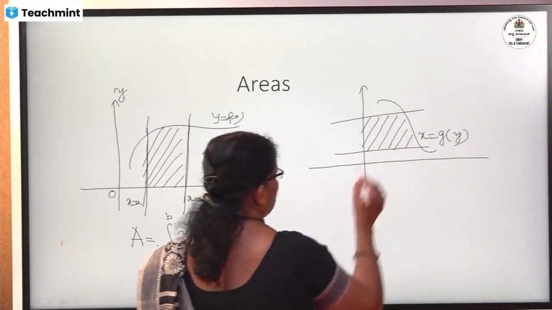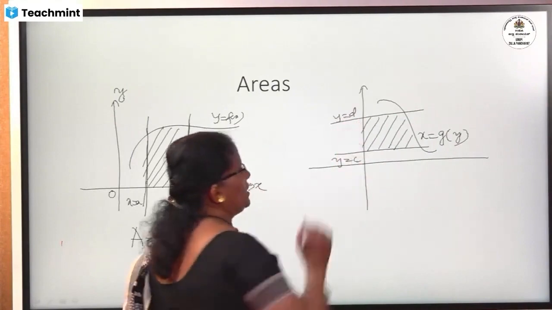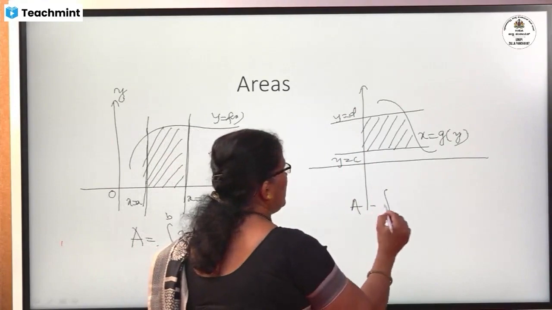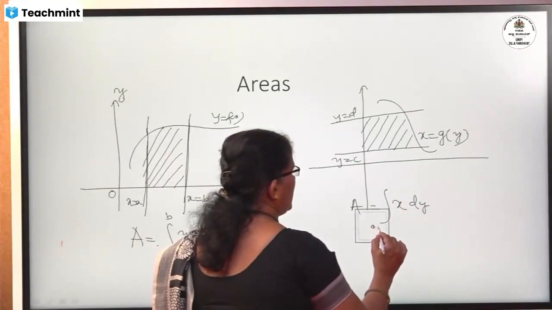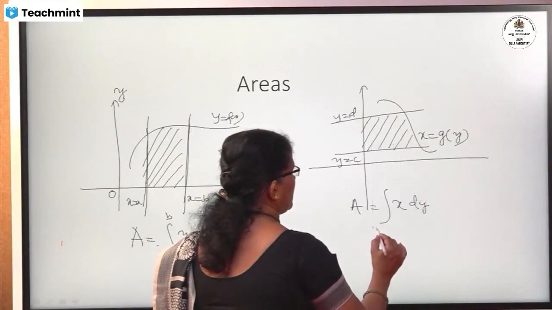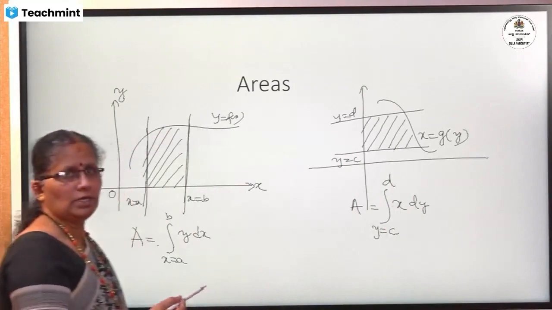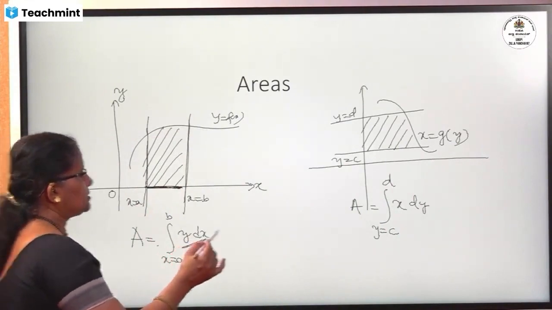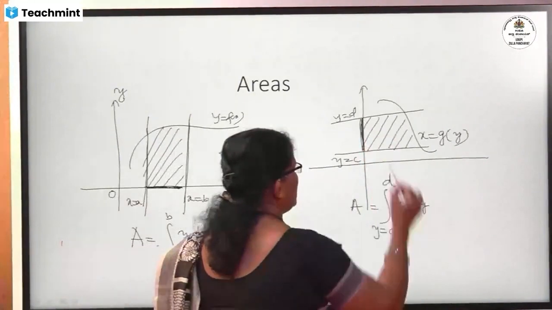This area is bounded between say y is equal to c and y is equal to d. So the area is given by integral x dy where y varies from c to d. So one thing that you have to remember is if the area is bounded by x-axis, integral y dx. If the area is bounded by y-axis, integral x dy.